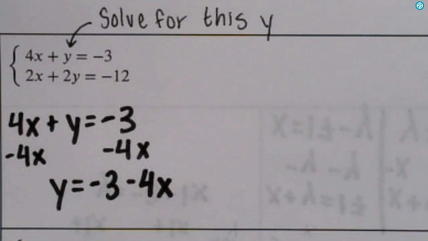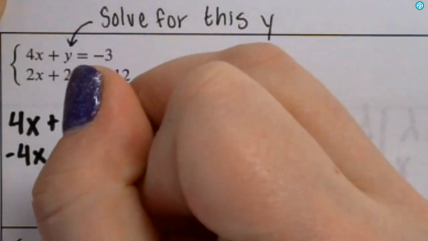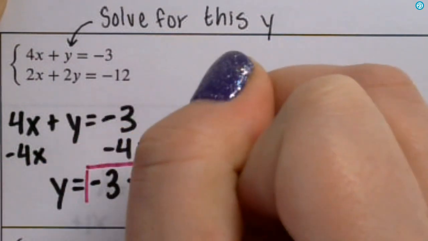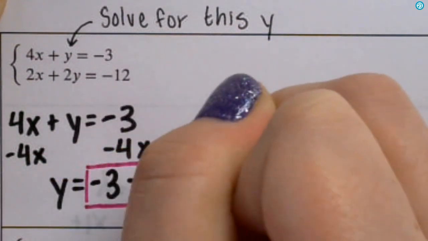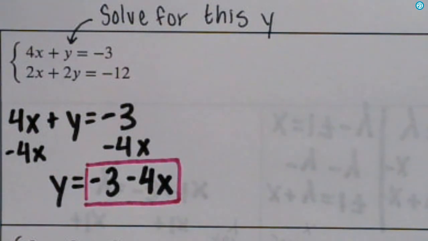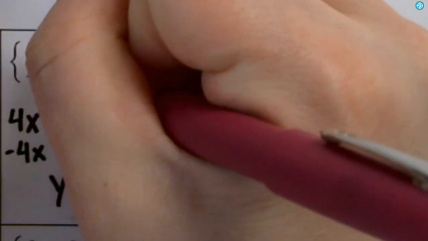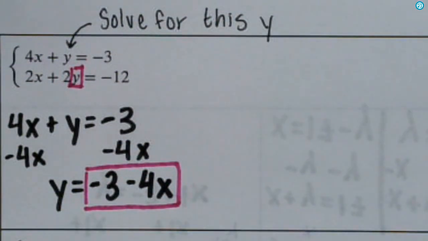So we are ready for step 2 of solving our system, which is we are going to substitute that in to our other equation. So now that we know that y equals negative 3 minus 4x, we can plug that negative 3 minus 4x, or substitute it in for this y right here, because it is y equals. So we substitute in for things that are equal.